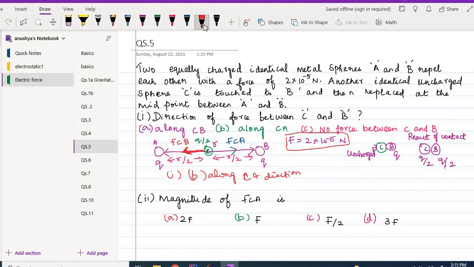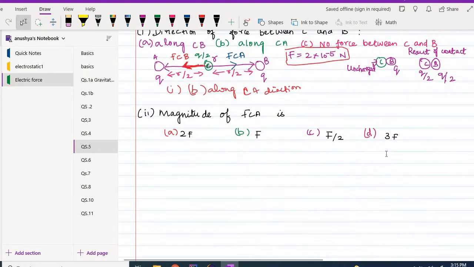Then the next question is, find the magnitude of FCA. We have to find the value of FCA. Apply Coulomb's law: F is equal to K Q1 Q2 by R square. The charge at C is Q by 2, and the charge at A is Q, as given in the question.